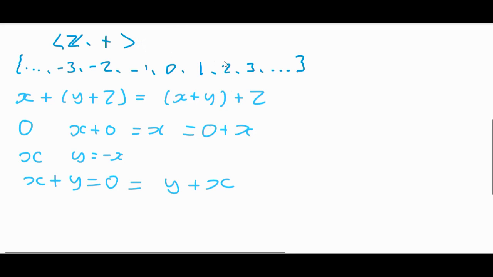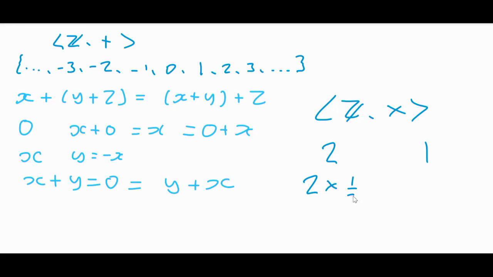whereas if we take a look at integers with respect to multiplication, well, if we take, say, 2, we know the multiplicative identity on the integers is 1, but the number we have to multiply 2 by to get 1 is 1/2. 1/2 is not in the integers.